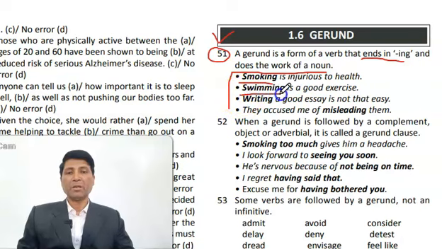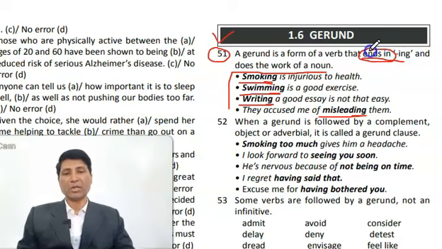The word swimming has been made from verb swim, and writing has been made from the verb write, and misleading has been formed from the verb mislead. And as you can see, all these words are ending with ing. So concept number 1, gerund is a form of verb that ends in ing. So each of these words that are given in bold are ending in ing.